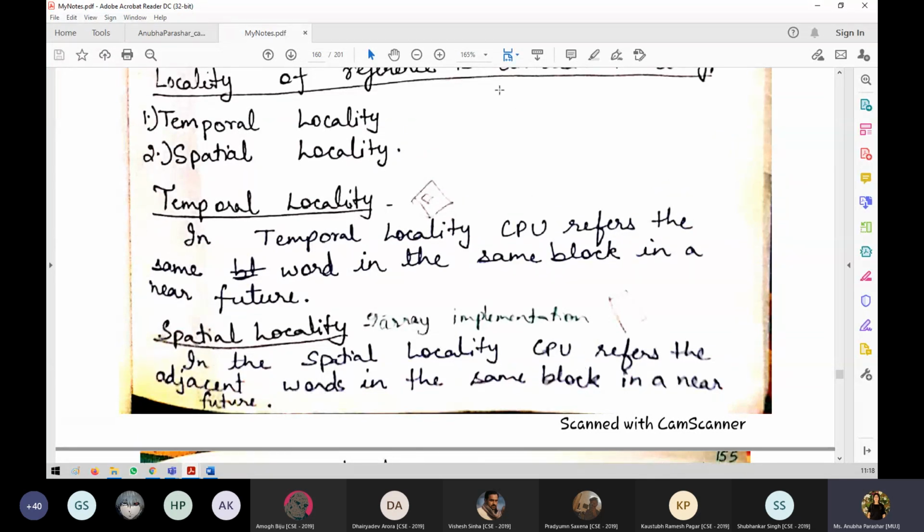So suppose there is a table. In temporal, it will refer to the same word in the same block. If the same word address is generated, it will look at the same block in the near future, and if it is not found in the entire block, it will generate the request.